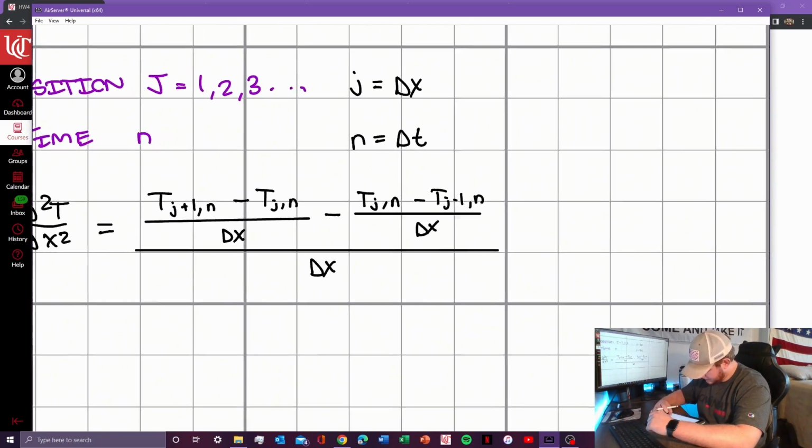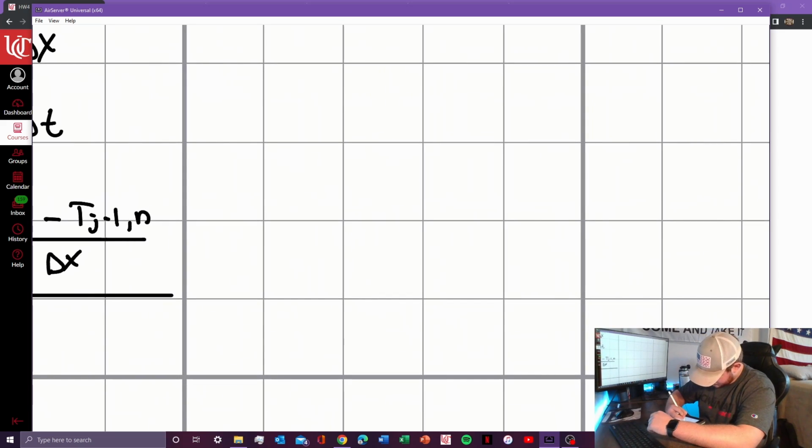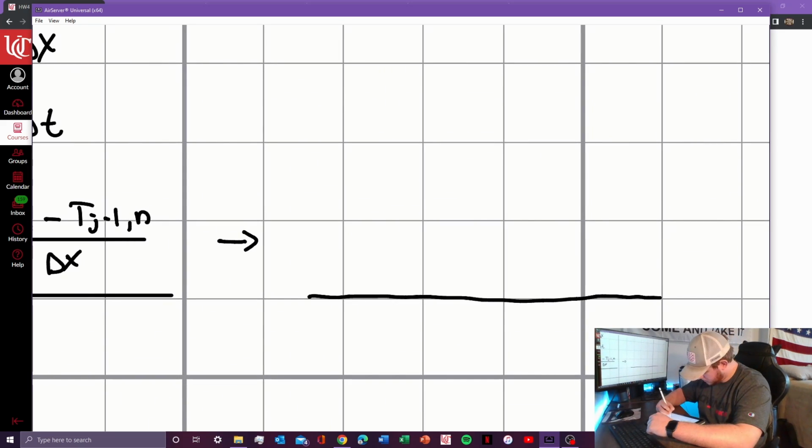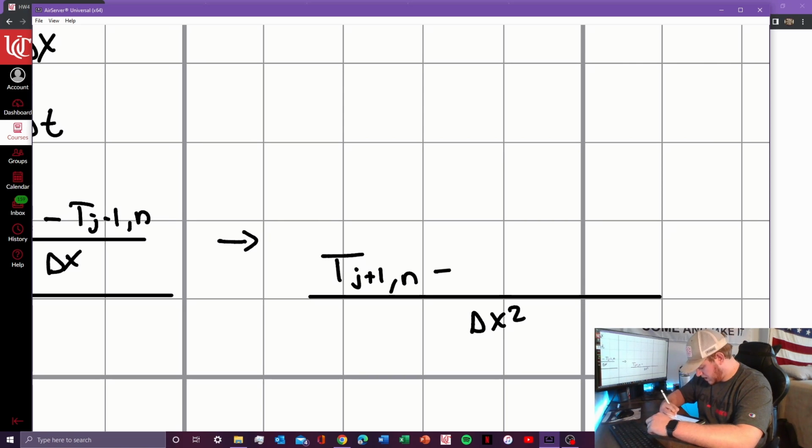Then we can rewrite this as delta x squared in the denominator, and that's going to simplify down to T at J plus 1, n, minus 2 T at J, n, plus T at J minus 1, n.